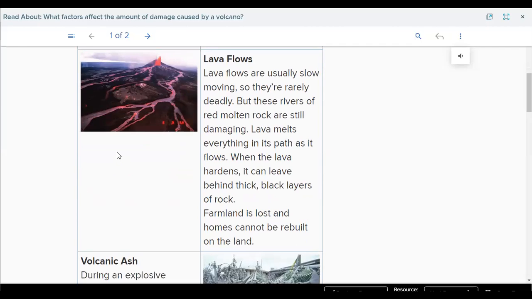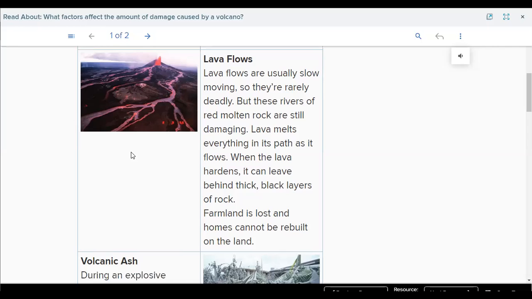Lava flows are usually slow moving, so they're rarely deadly. But these rivers of red molten rock are still damaging.